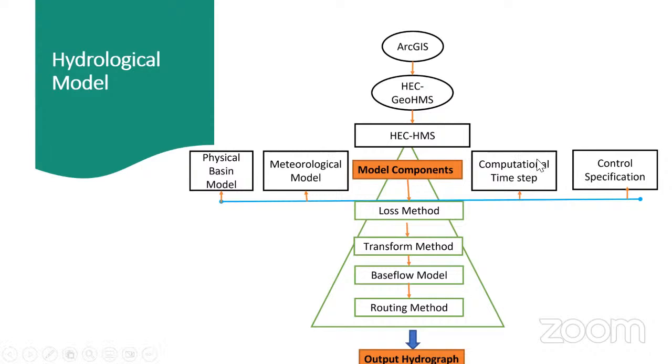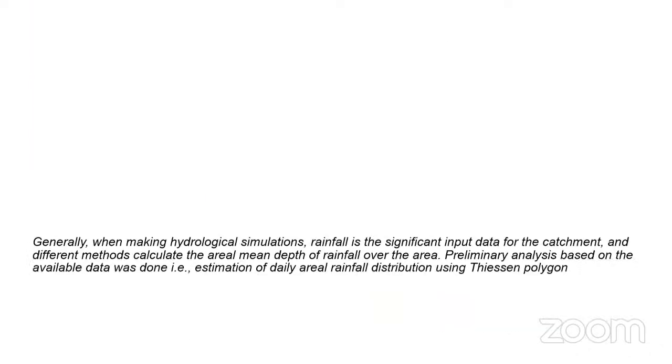We need to give computational time steps, defining when to start and when to end the model. Within the components, it has different methods: loss method, transform method, base flow method, and routing method. Finally, we get our output hydrograph to compare with the satellite and ground data.